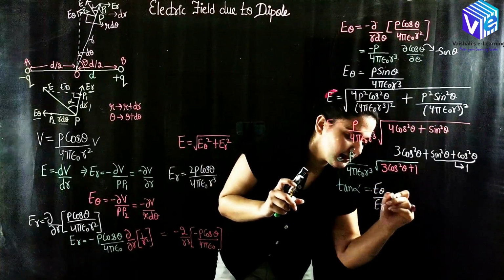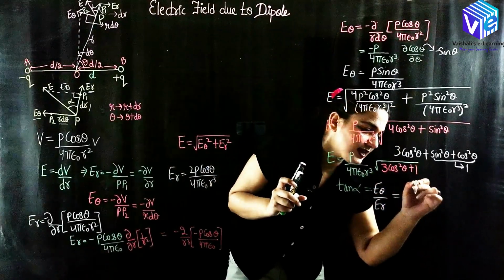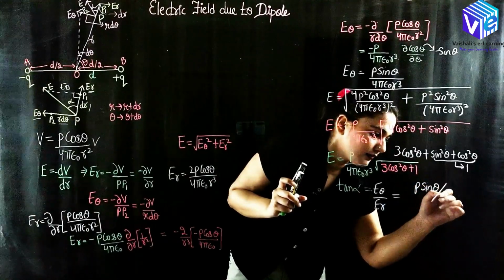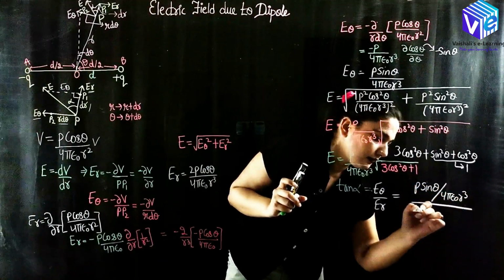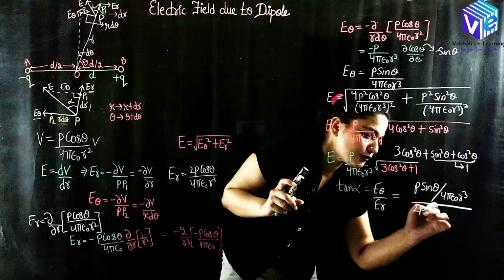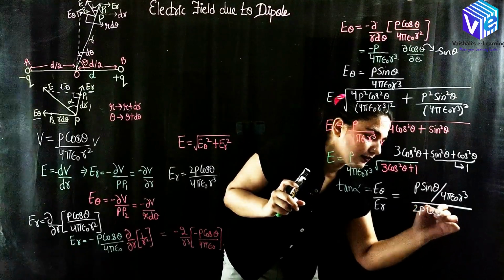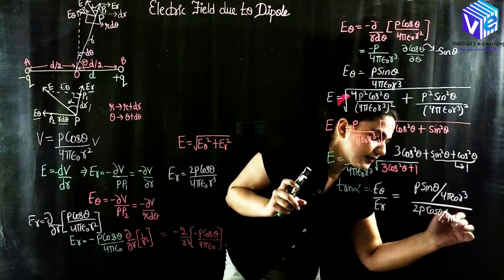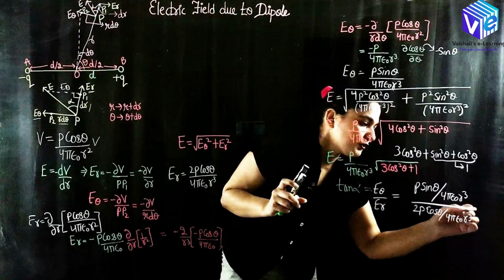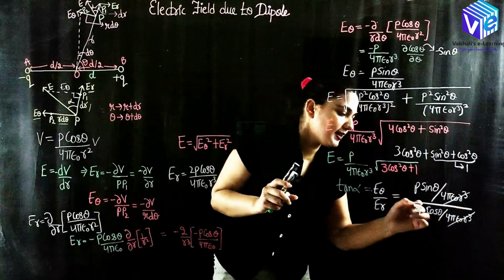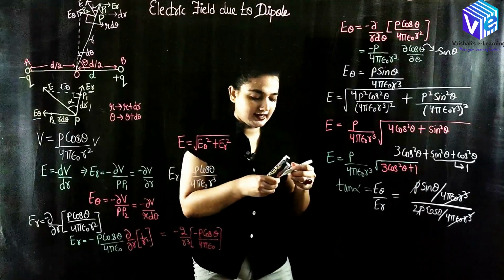What is my E_theta? E_theta, I know, is p sin theta upon 4 pi epsilon naught r cube. And E_r also, I know, is 2p cos theta upon 4 pi epsilon naught r cube. So these things will directly get cancelled out, p and p will also get cancelled out.